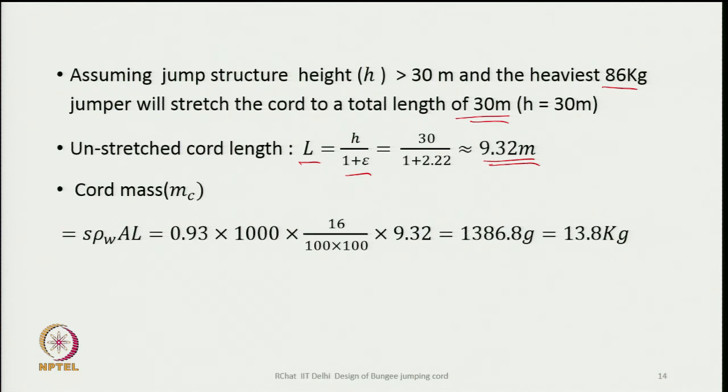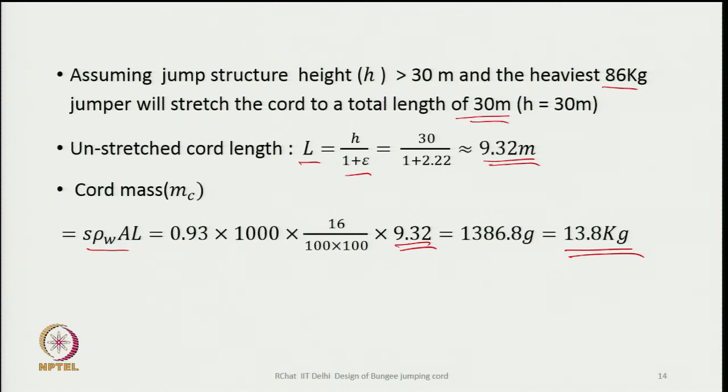That means we need a cord length of 9.32 meter, and the cord mass we can also work out. It will give you a figure of 13.8 kg, which is the weight of the entire cord of 9.32 meter.